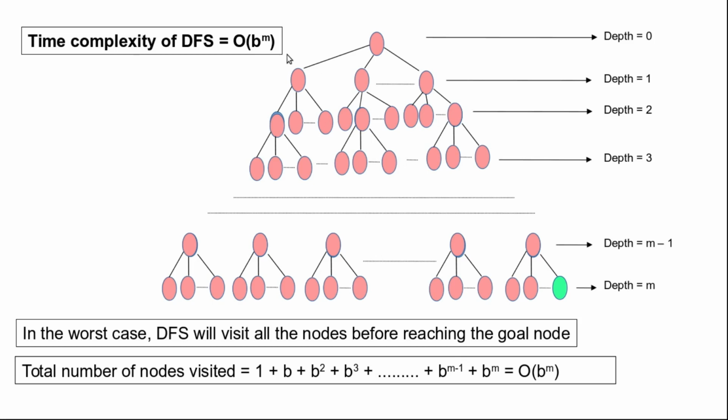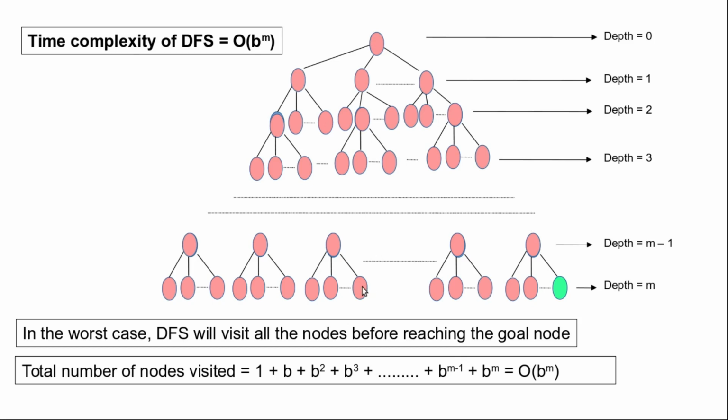And I would like also to mention one point here, that in case of graph search, we maintain the explored set, and in the explored set we keep all these visited nodes. All the explored nodes would be kept in the explored set.